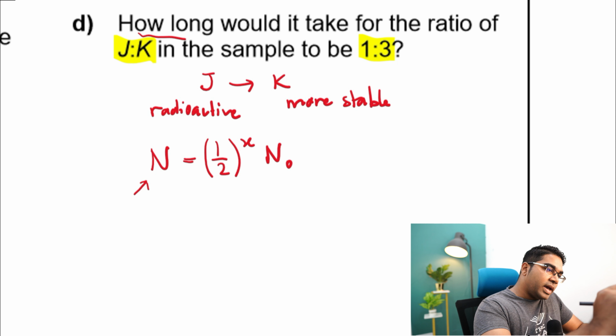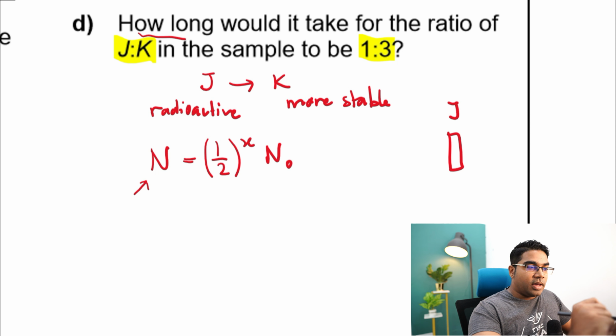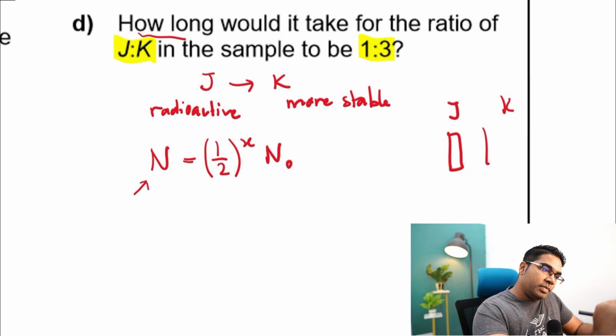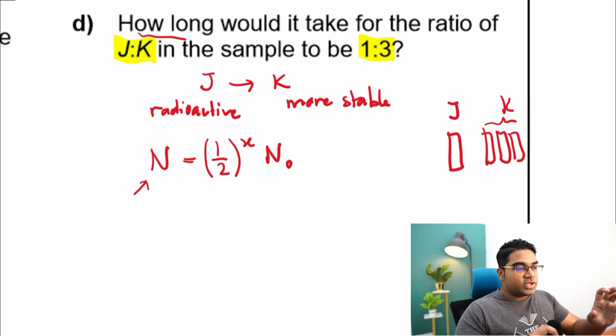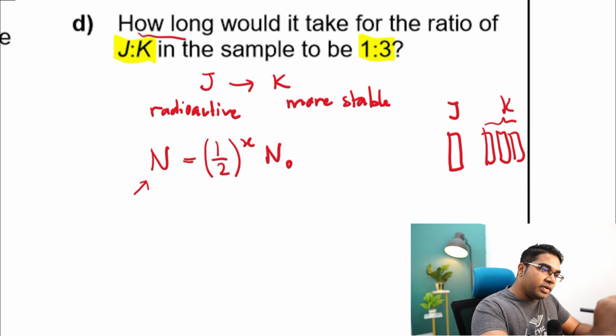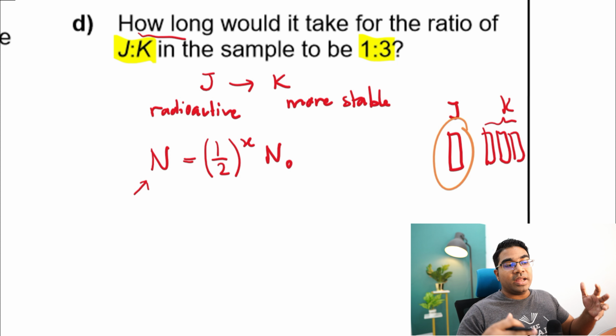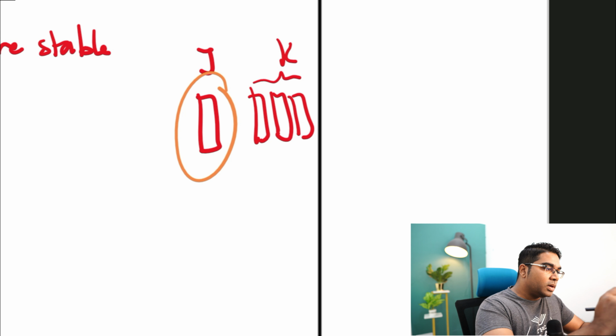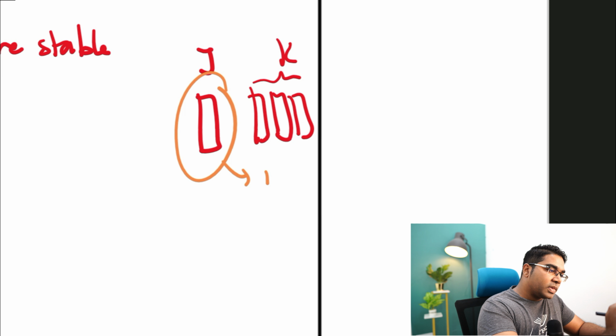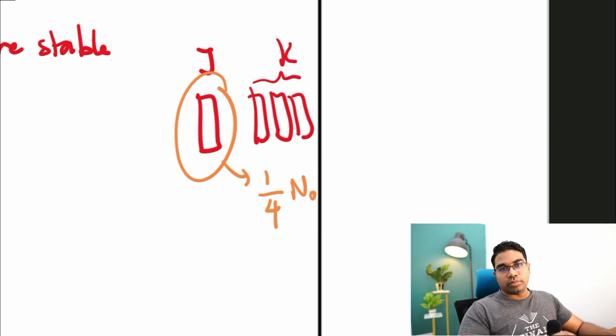They have told us that we have 1 part J and we have 3 parts K. The ratio is 1 to 3. If this is the ratio, then we know the proportion of remaining radioactive undecayed nuclei. This would simply be 1 out of 4 of the initial value.